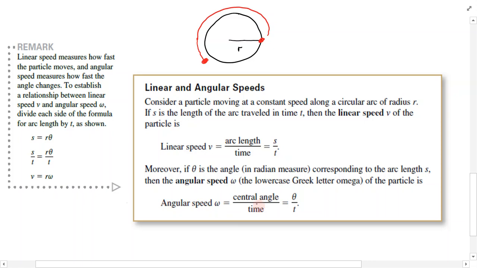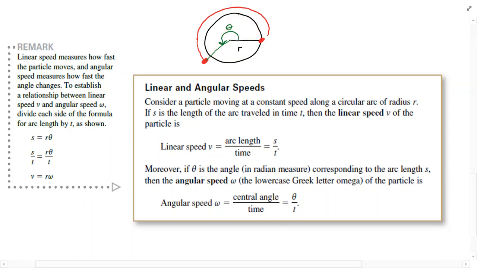Now, angular speed, we know that this point, as it's traveling around the circle, is going to have rotated some value of theta. So angular speed has to do with the change in theta with respect to time. So the angular change of this point that's moving around the circle.